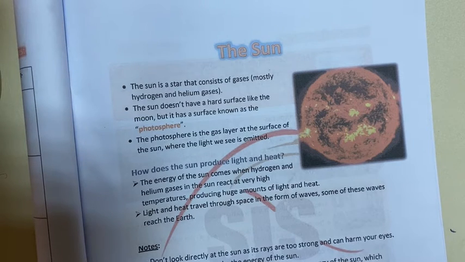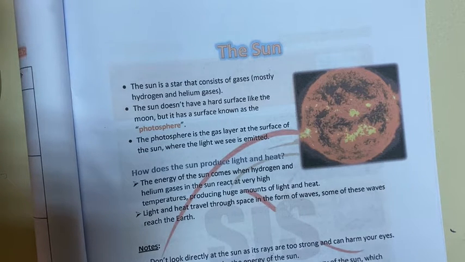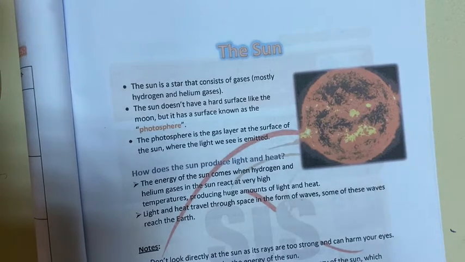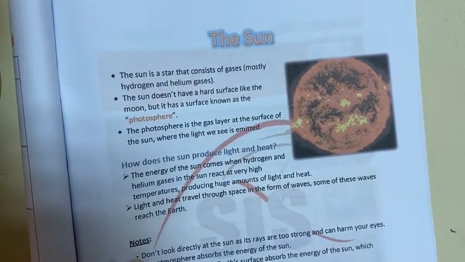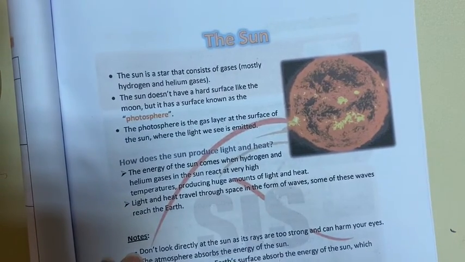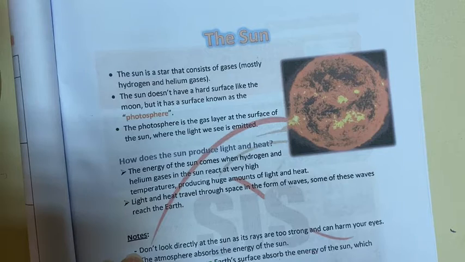You have to know that the sun is not a planet. The sun is a star. Yes, it's a star, but it's the closest star to us. That's why we see it very big compared to the other stars in space. So the sun is a star that consists mostly of gases.